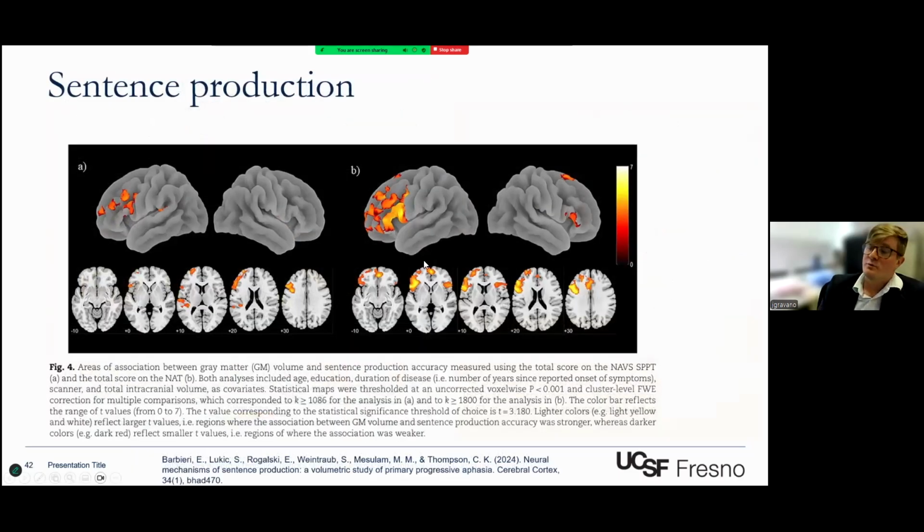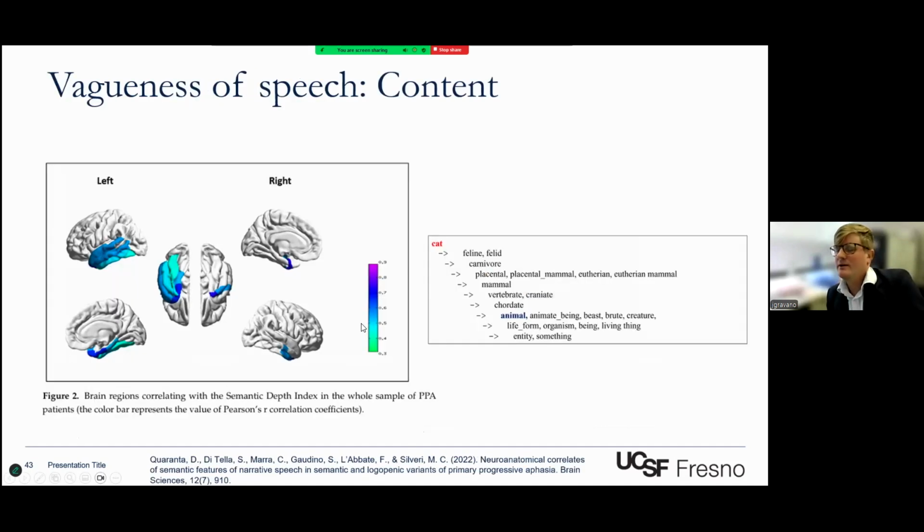Next is sentence production, and not surprisingly, left frontal areas are involved in sentence production across primary progressive aphasia syndromes. And this is, again, accounting for receptive problems as well. And if you're looking for qualitative features in what a person produces, like concreteness or vagueness of speech, not surprisingly, anterior temporal lobe volume dysfunction seems to predict vagueness in speech.